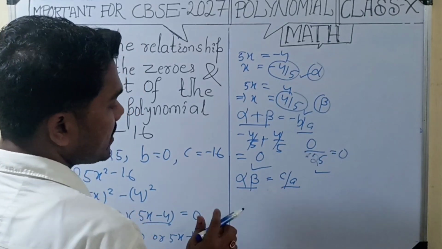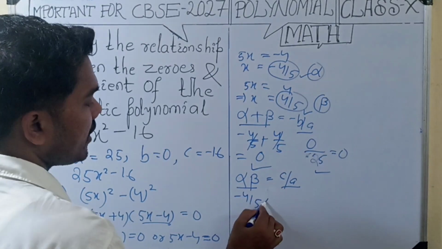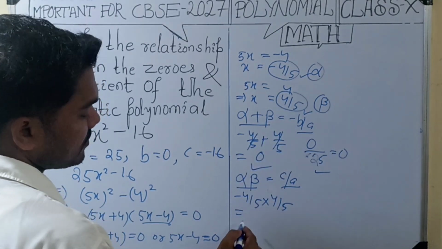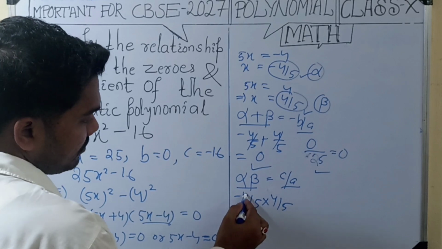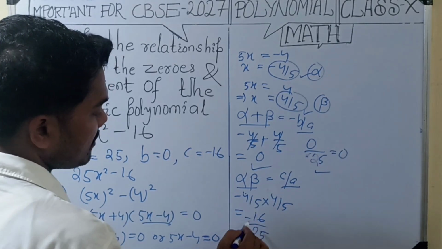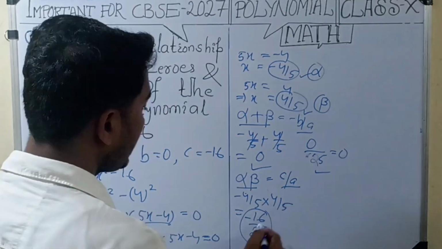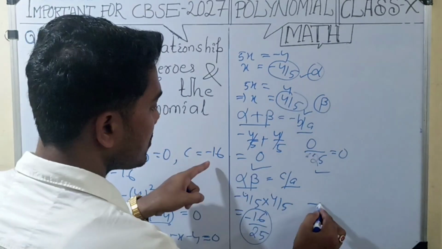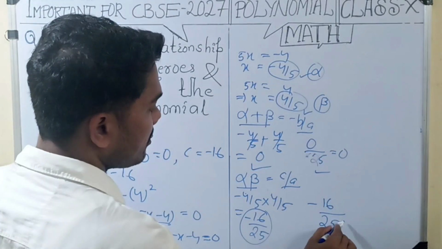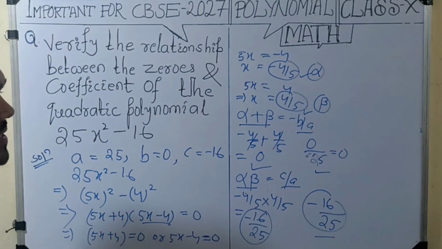Alpha into beta: alpha is plus 4 by 5 into beta, which is minus 4 by 5, so it will be minus 16 by 25. On the RHS, c by a is minus 16 by 25. So here also it is verified.